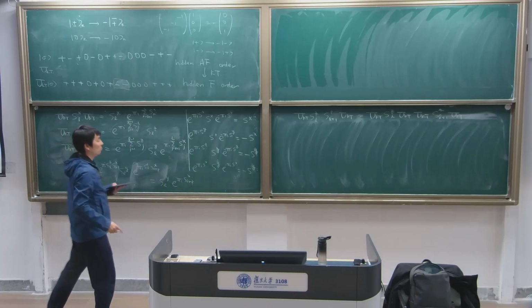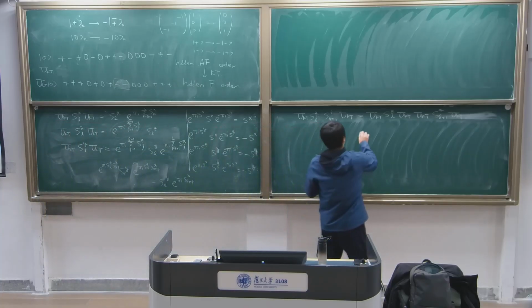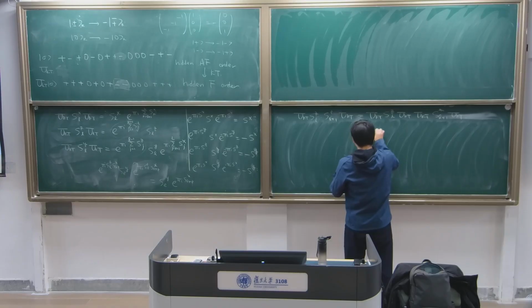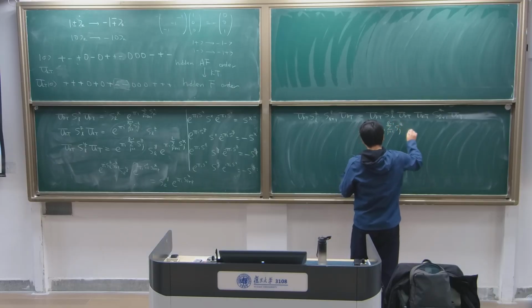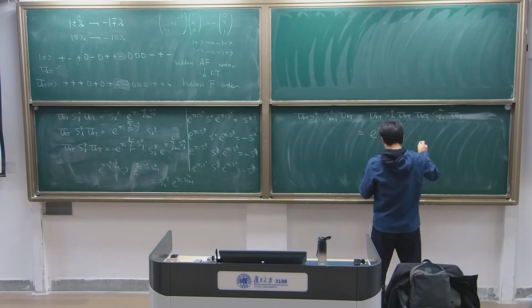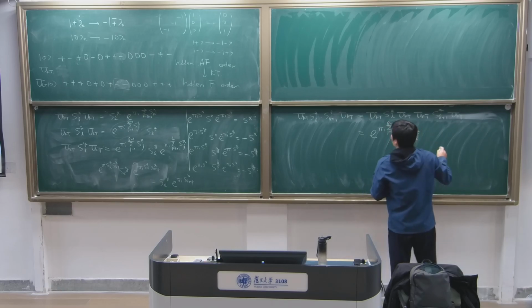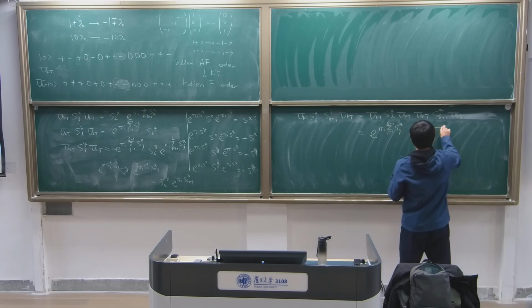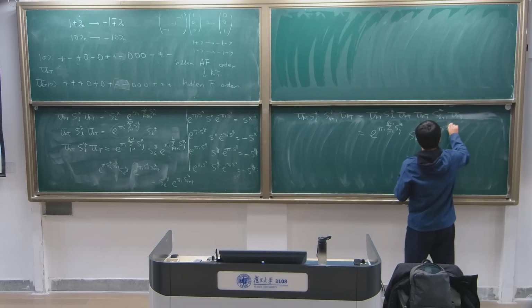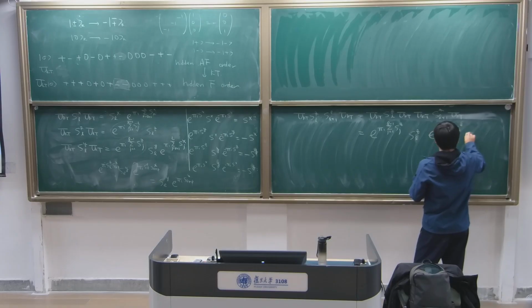Apply this rule, and what you get is e to the pi i sum over j equal to 1 to L minus 1 of S^z_j, S^z_L, and then e to the pi i sum over j equal to 1 to L of S^z_j, S^z_{L+1}.